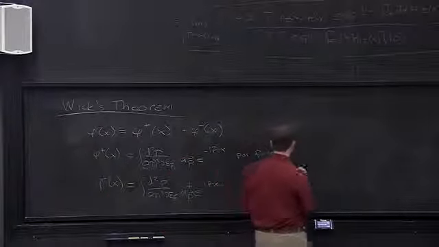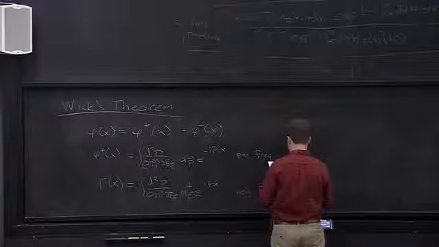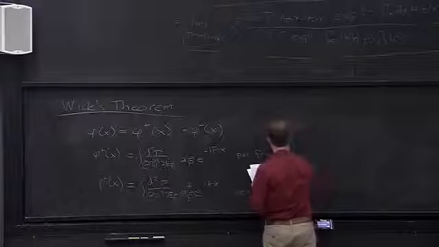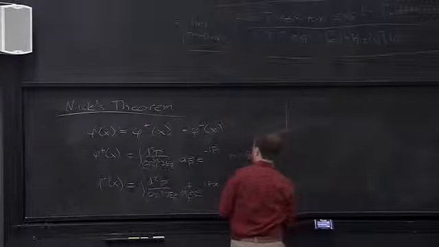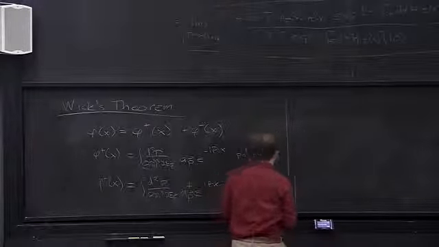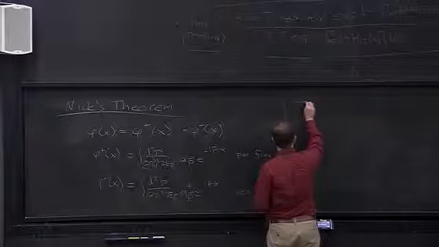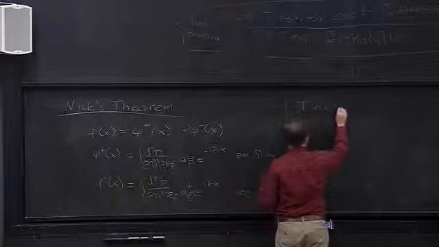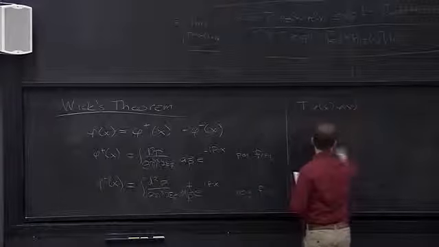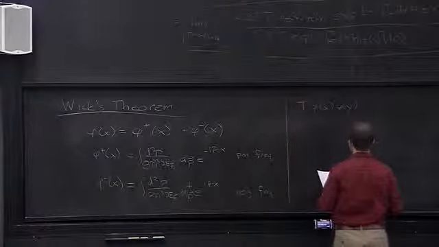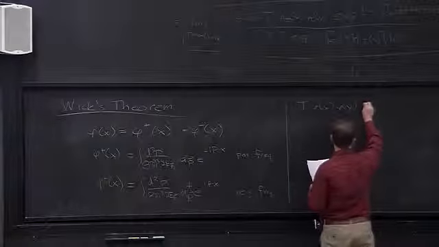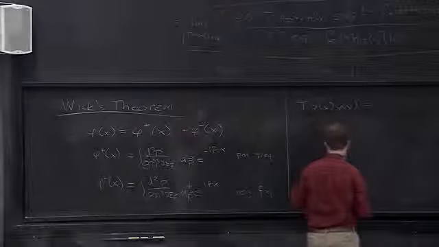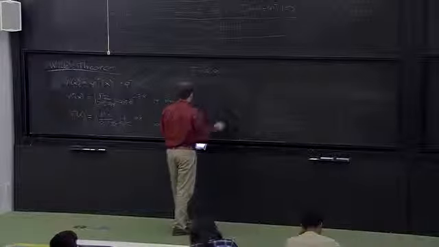Okay, so let's just look at the simplest example to see how we can relate a time-ordered product to a normal-ordered product. So the simplest time-ordered product is the time-ordered product of two fields.